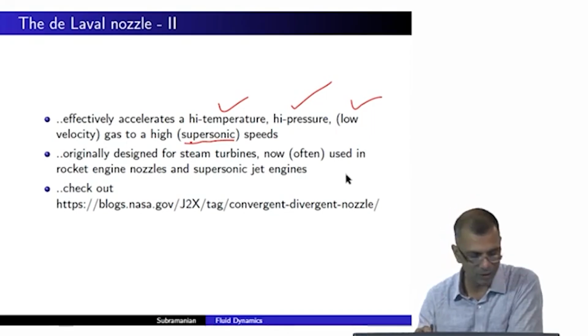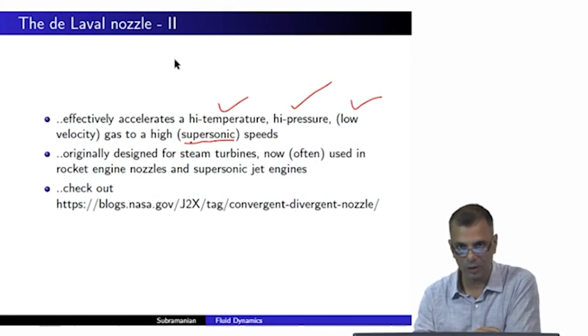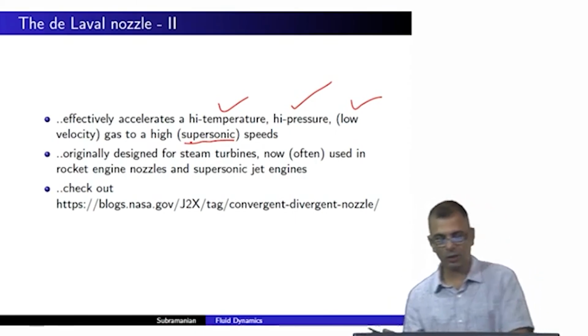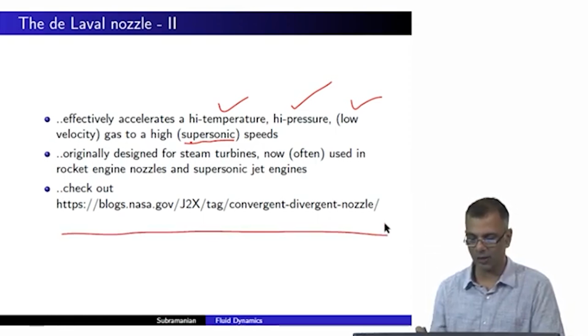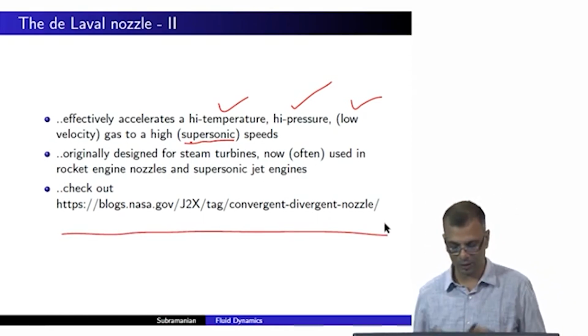For various reasons, they fell out of favor, and so those would be one situation where something like the de Laval nozzle would be used. Okay, and I urge you to check out this URL. It's very interesting. Much of what we've discussed here is discussed there.